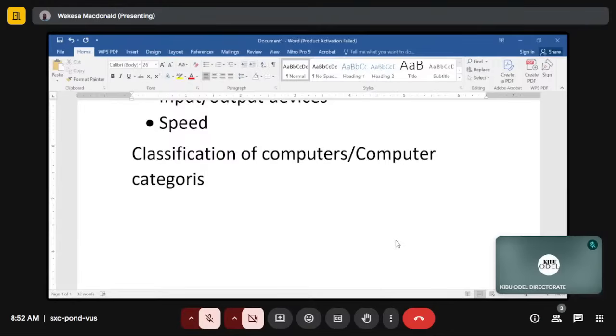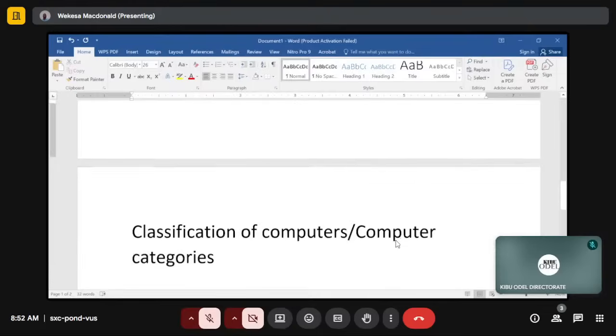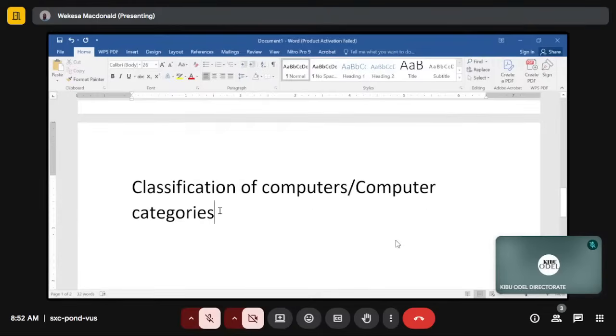How can we classify computers? Under which metrics?